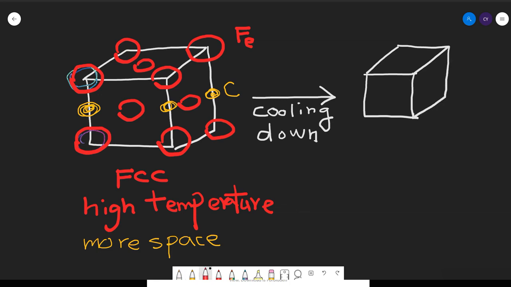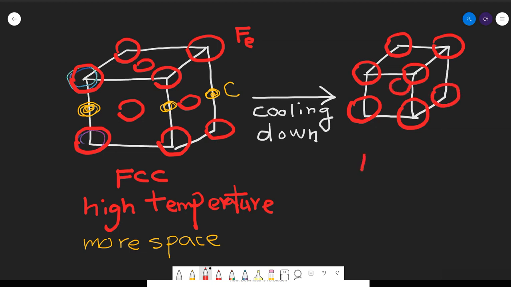And the iron is still here, but it has already changed to the BCC structure. Okay, body centered. And here is room temperature.